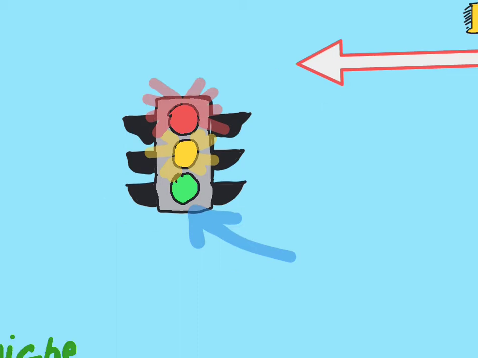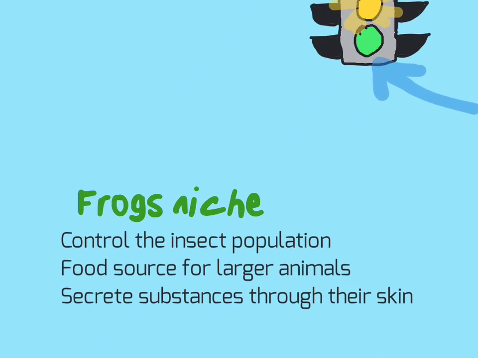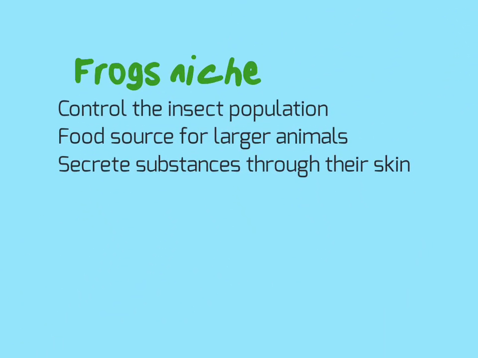So frogs are indicator species, but what else do they do? When we talk about these terms that are important in ecology, we could say, what is a frog's niche? What's its role? What does it actually do? Well, one of the things that frogs do is they control the insect population, and those little insects don't really stand a chance once the frogs start getting into eating mode.